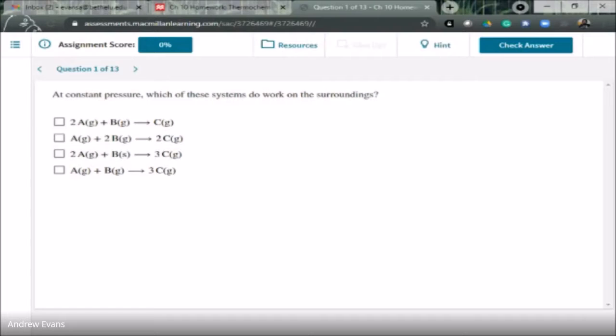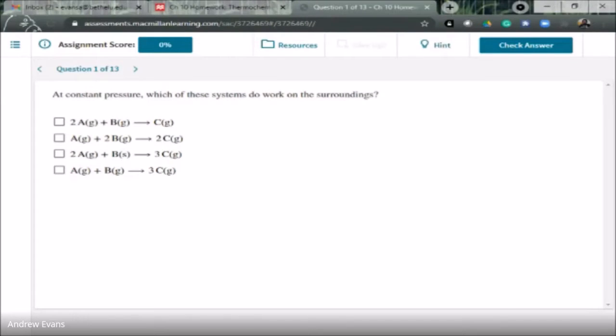And so a volume ends up being proportional to the number of gas molecules. So if we treat all gas molecules the same, and a volume is proportional to the molecules, more molecules means larger volume. So to answer the question, which one of these would do work on the surroundings, you're looking at which one of these scenarios do the amount of gas molecules increase.